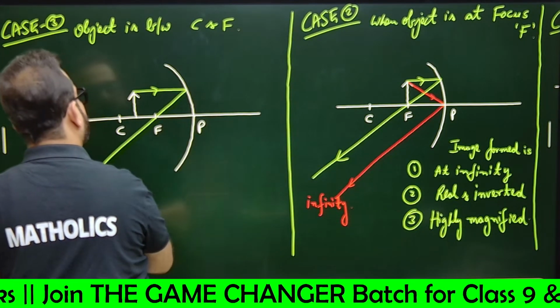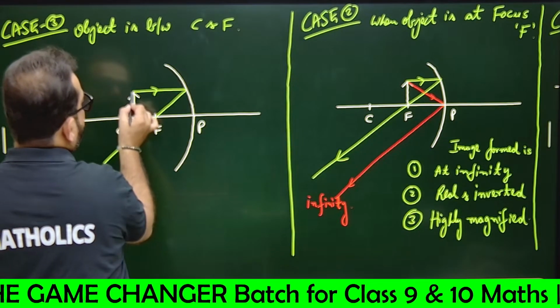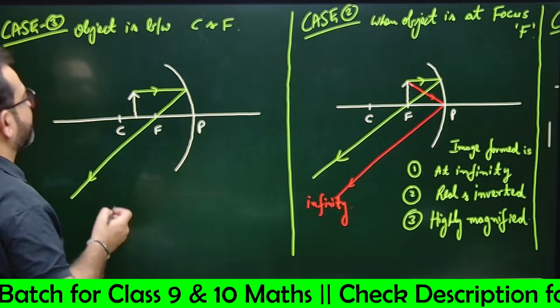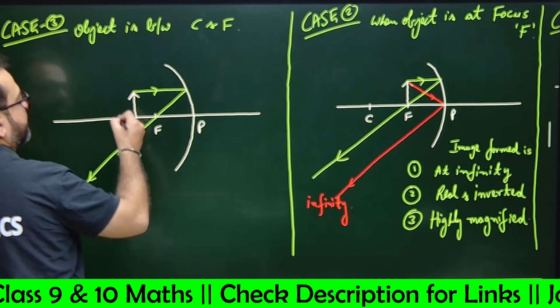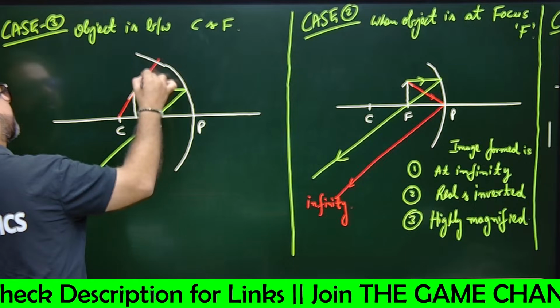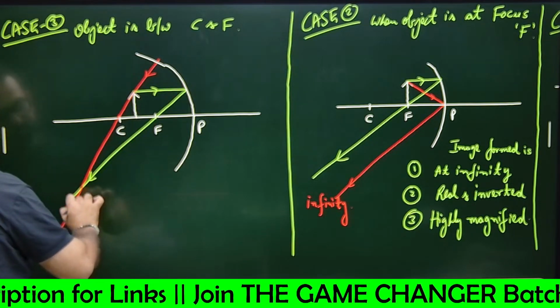It will come from the focus. Okay, sir. One is going towards the pole. Let's make another line that one is going from center of curvature. See, center of curvature, it will go like this. This is the mirror. It will get reflected back along the same path.